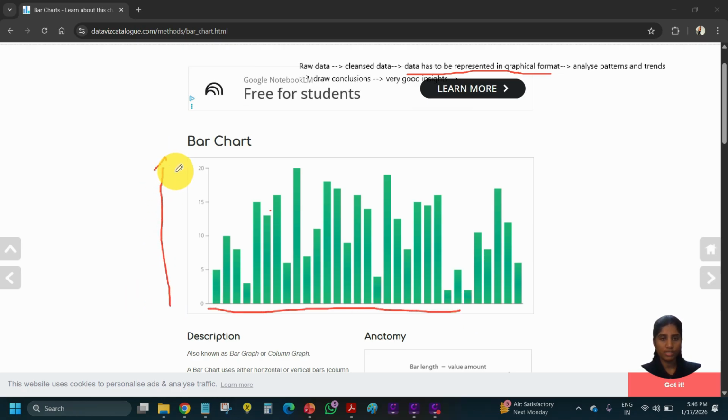It is also very important for students to understand which chart to use for which type of data.